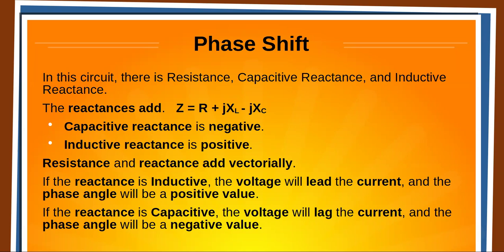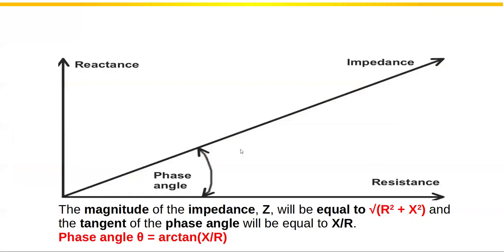And we get a vector because we plot the real part along the x-axis and the imaginary or reactive part along the y-axis. And we usually plot it like that. So the magnitude of the impedance, which is the length of that vector, is from Pythagorean's theorem, the square root of the sum of the squares of the sides. And whatever that angle is, that's the resultant phase angle.